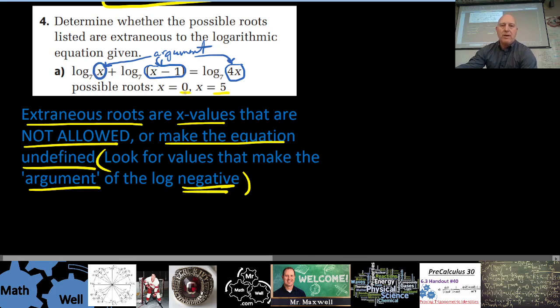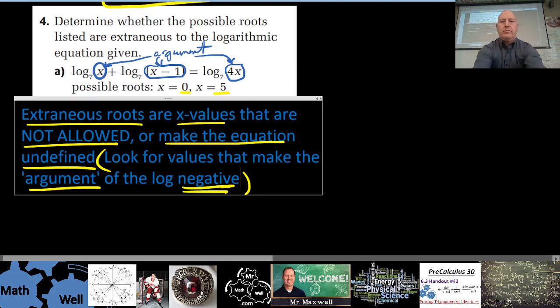So right now, if I plug 0 in, I get log of 0. Is that okay? Actually, it's not okay. Negative or 0, I should say, because logs have a vertical asymptote at 0. So negative or 0.